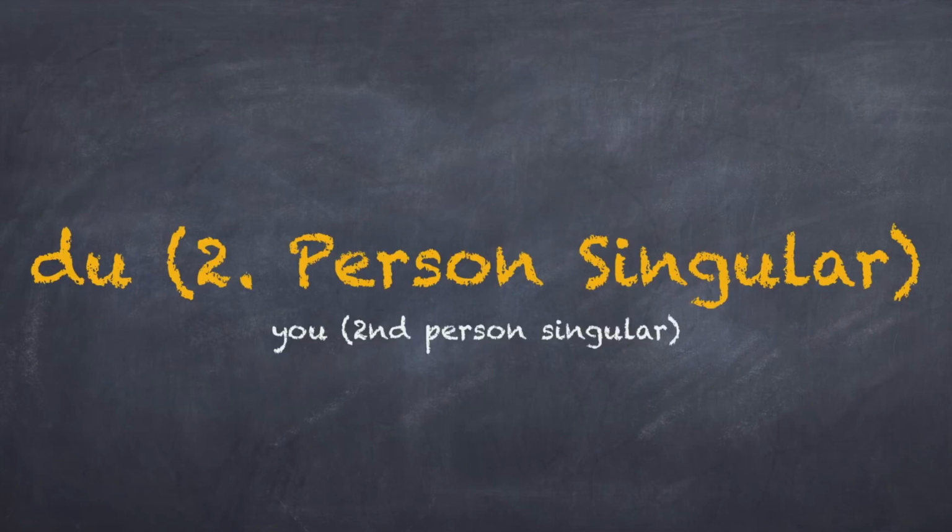We begin with du, that is the second person singular form. Zweite Person Singular. It is very important that you have revised verb conjugations before we proceed. You can do that by watching our video on verb conjugation. The link is below in the description.